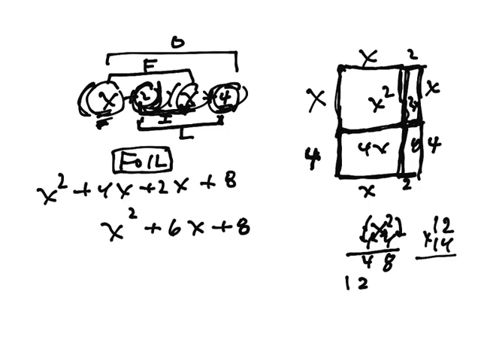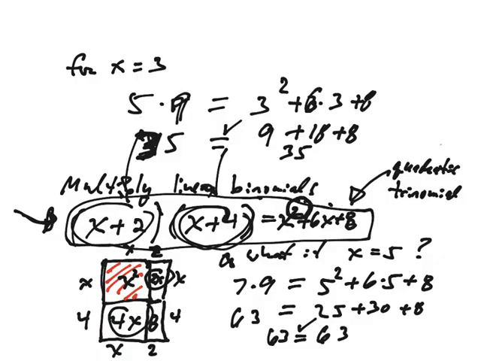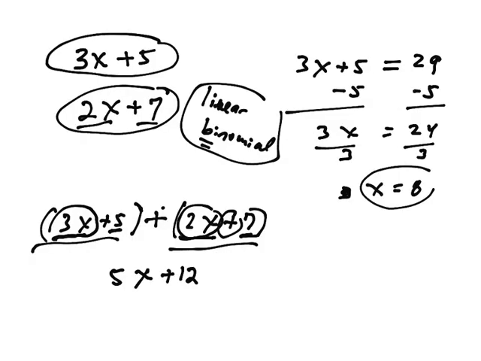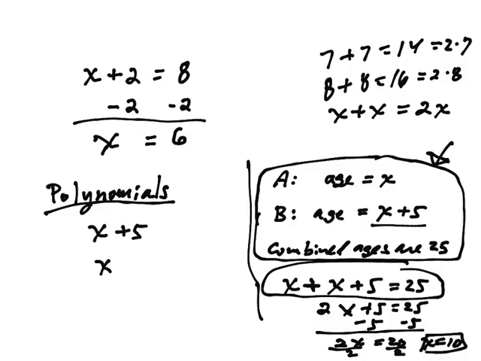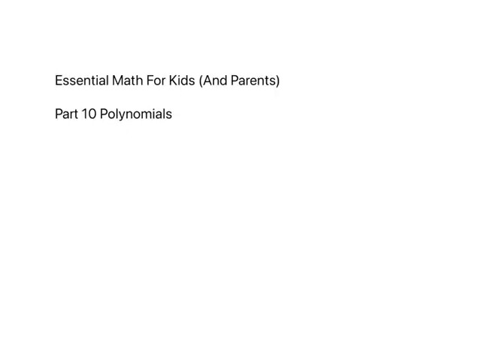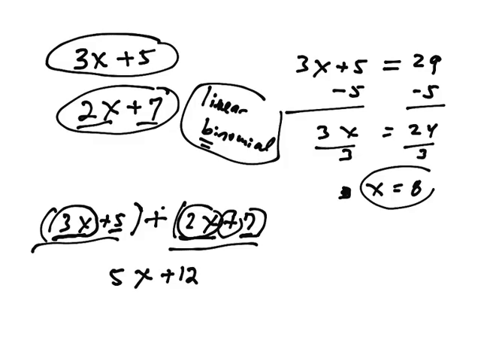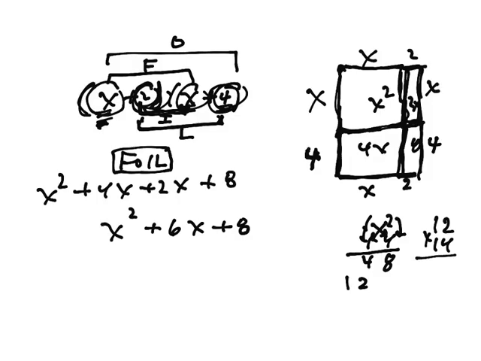So in this video, I've shown you how to add, subtract, and multiply these polynomials. They're sort of like the vocabulary. It's like if you were learning music and you needed to learn your scales.